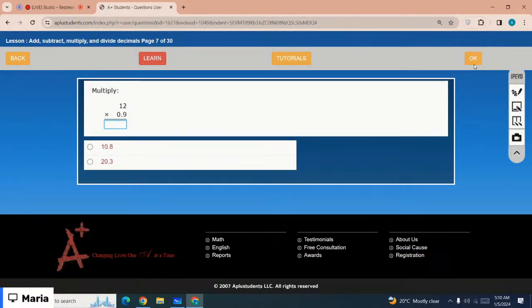The next one is multiply 12 times 0.9. Which is the correct option?